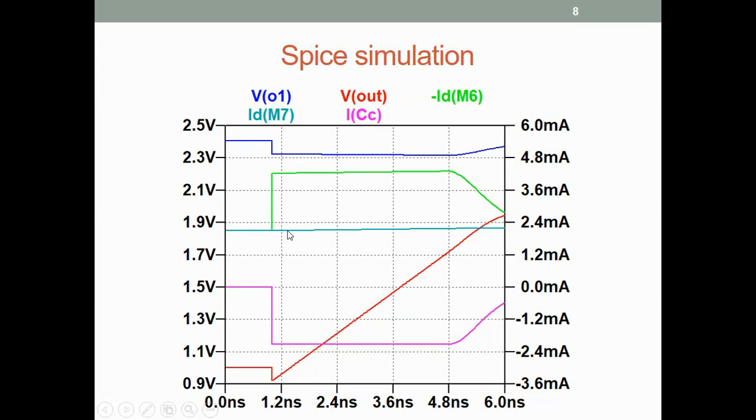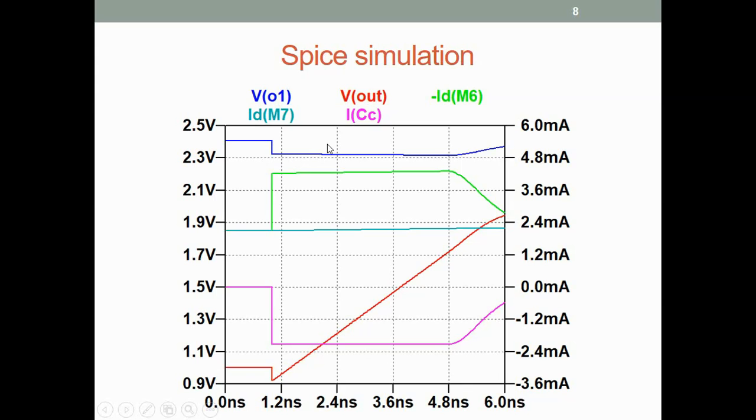At 1 nanosecond, it is made 2.5. This is the time of transition. VO1 suddenly drops at this point. Vout, which is red, also drops by the same amount, so that Vc, which I have not plotted, stays constant at 0.9 volts.